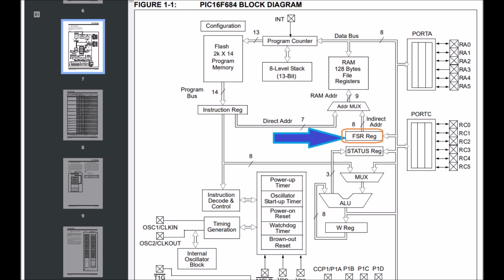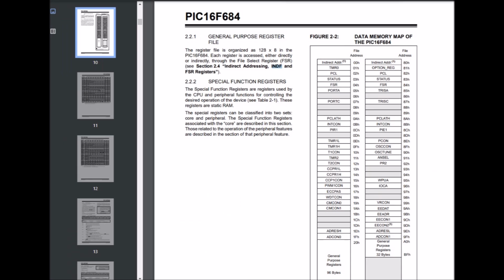CPU and ALU. The FSR is often depicted connected to the CPU and the Arithmetic Logic Unit, ALU, showing its role in addressing and data manipulation. Data memory. The data memory block shows the general purpose registers, GPRs, and special function registers, SFRs.